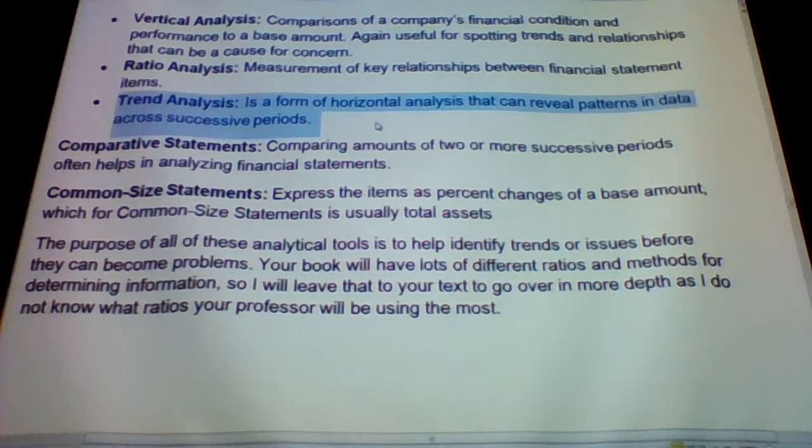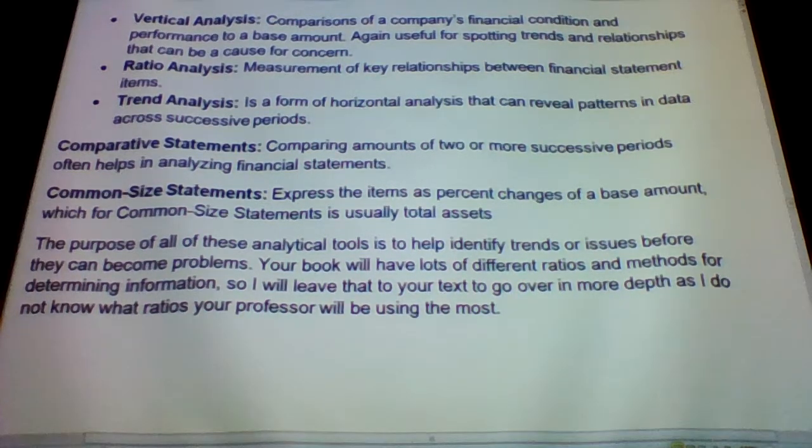Comparative statements, comparing amounts of two or more successive periods, often helps in analyzing financial statements. This is most often used in comparing horizontal analysis. Horizontal analysis can show you relationships that really shouldn't be there, based off of what you have in your existing notes.